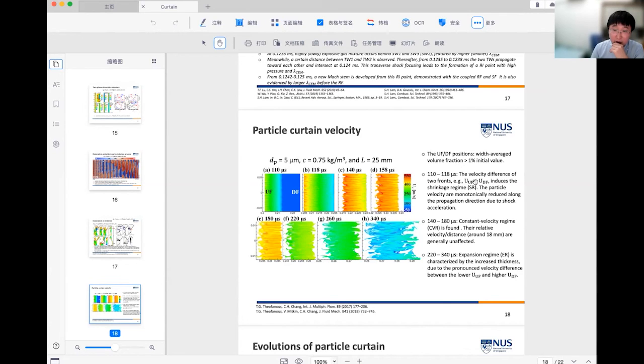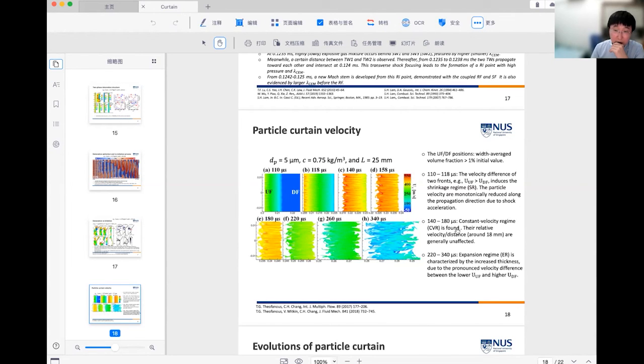It is induced by the velocity difference of the two fronts: the upper front velocity is larger than the down front velocity, and the particle velocity is usually markedly reduced along the propagation direction due to shock acceleration. And from 140 to 180 microseconds, a constant velocity regime is found.